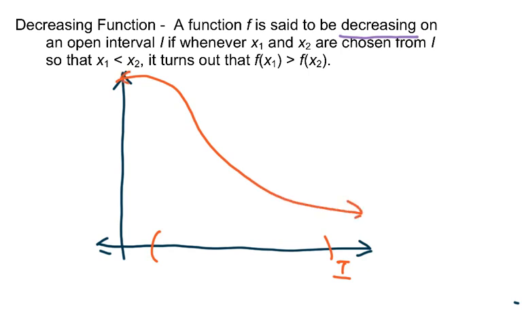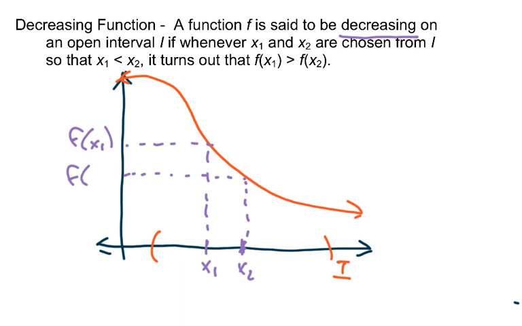Now, here, when you pick x1 and x2, and you pick x1 to the left of x2, notice that f of x1 is greater than f of x2. So the idea is as you move along the x-axis, as you choose points farther and farther to the right, the values of f of x are going down.